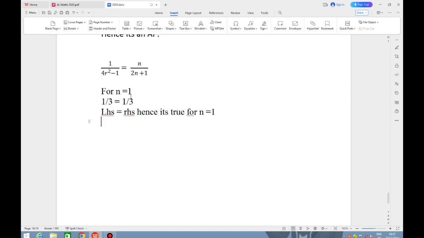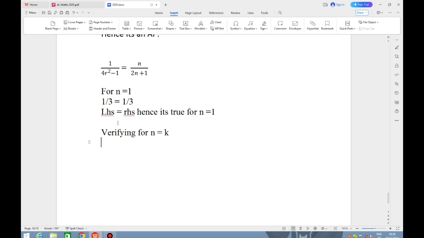Then assuming the hypothesis, now verifying for n is equal to k.